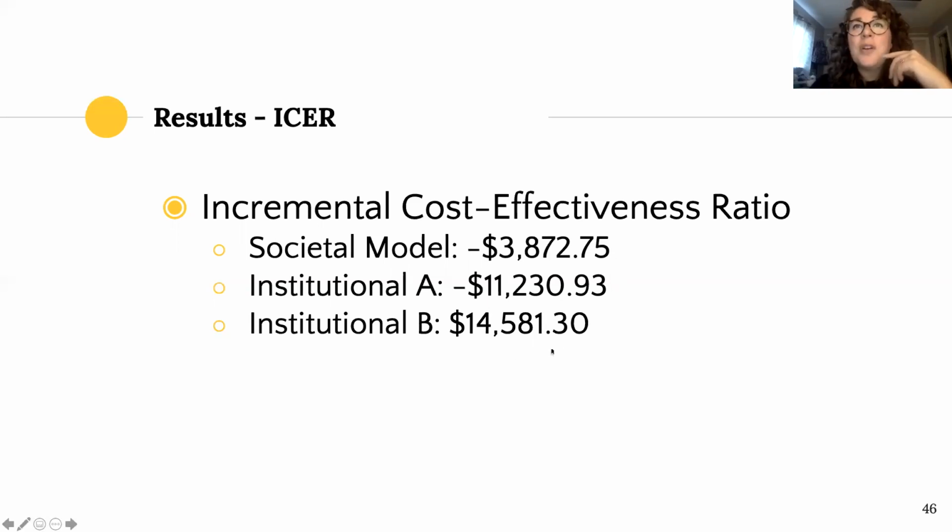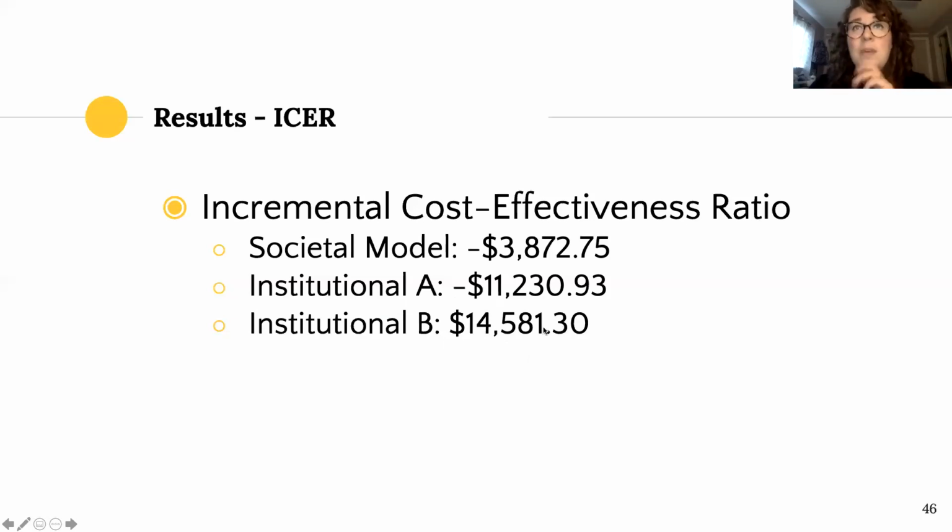And for the super conservative estimate, when we're just looking at onboarding costs, we're not taking tuition into account at all. Institutional B, we don't see a cost savings in this average case. It's $14,500 per student retained.